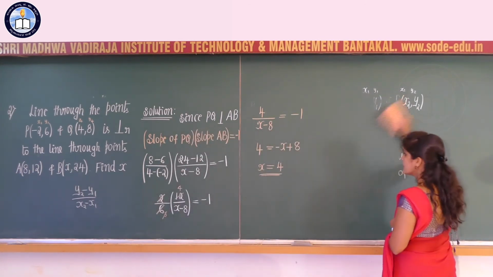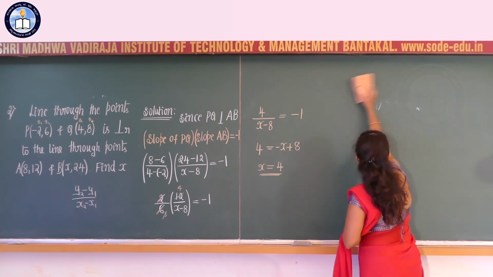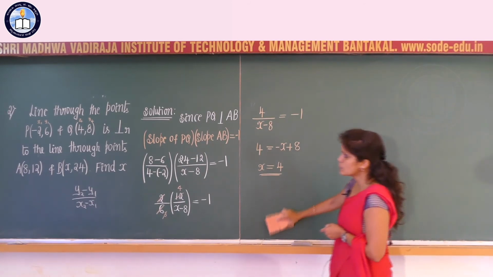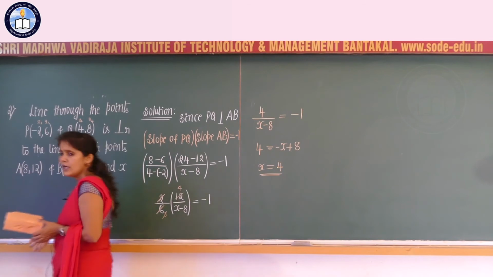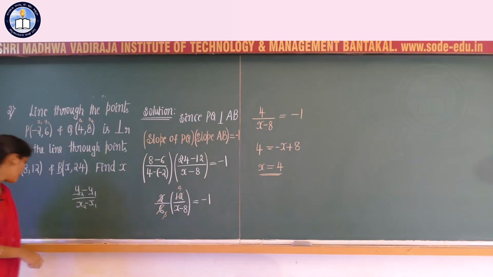That is the value of the variable x with respect to the given two lines L1 and L2, the first line that passes through the points P and Q, and the second line that passes through the points A and B.